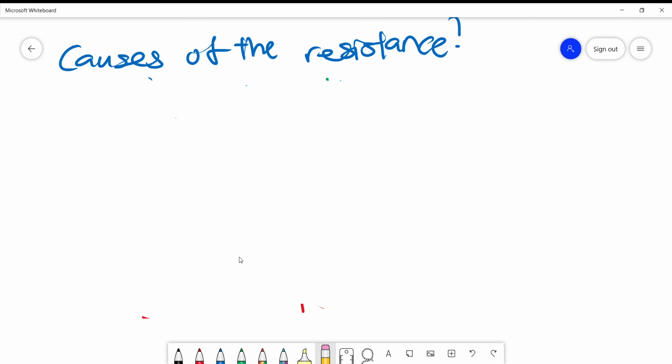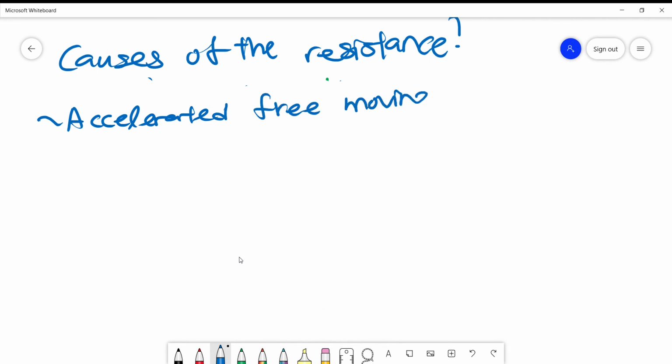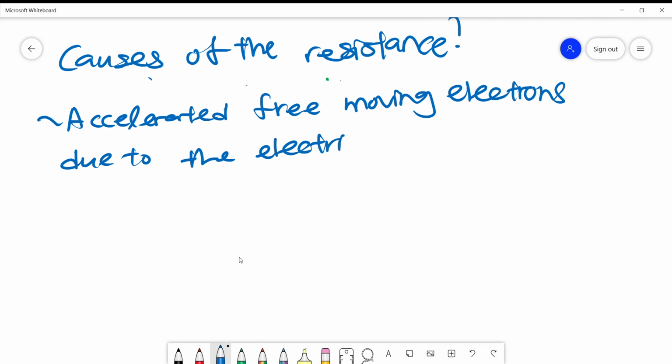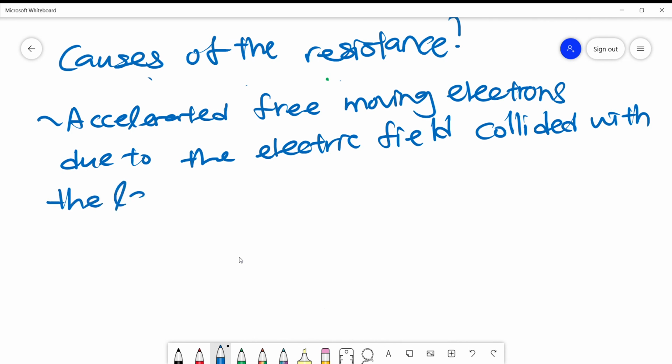So what actually causes the resistance? The accelerated free moving electrons, due to the electric field, collided with the atoms in the metal, with the lattice atoms, which is more accurate.